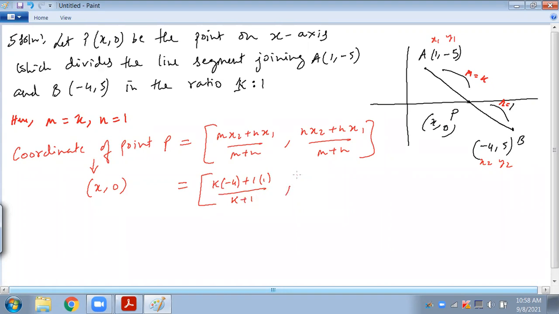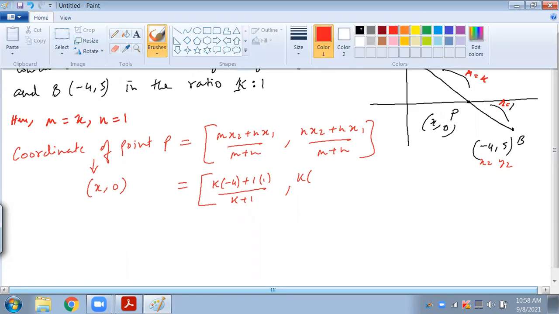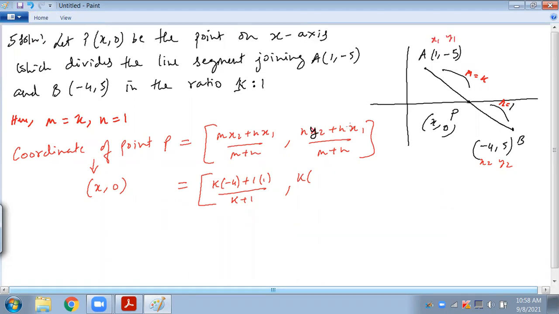Okay, I've written it wrong. The second part will be m y2 plus n y1. So it will be k, y2 is 5, plus n is 1, and y1 is -5, by m plus n, that is k plus 1.